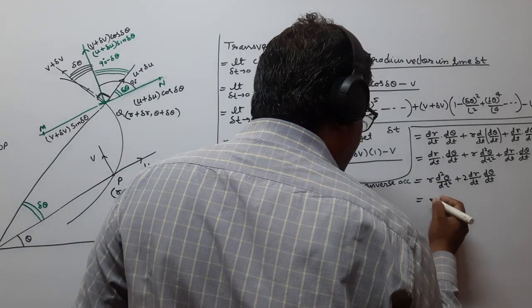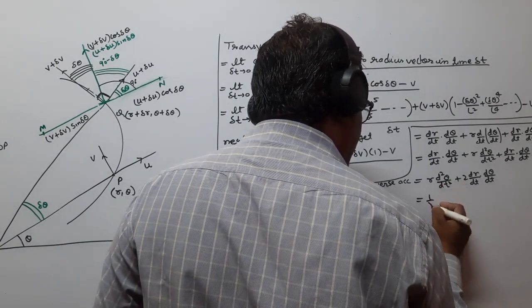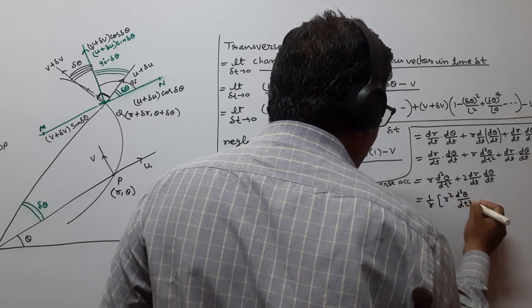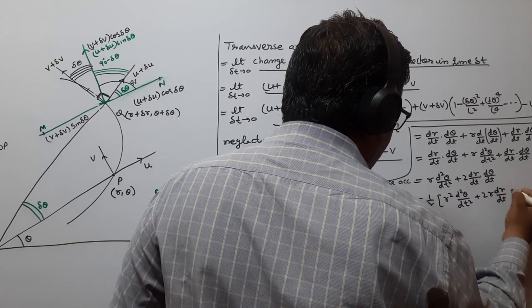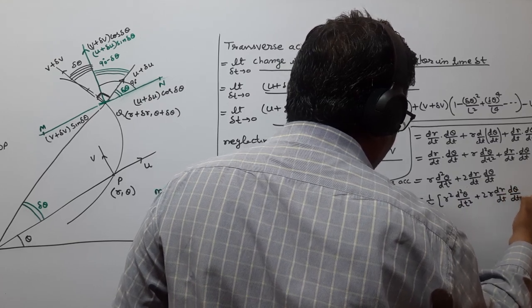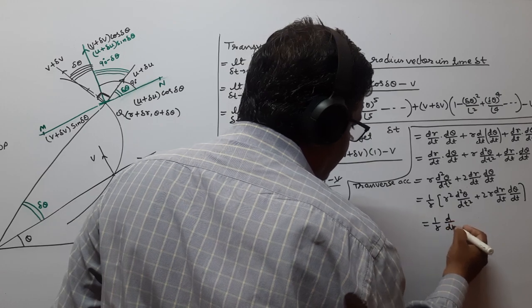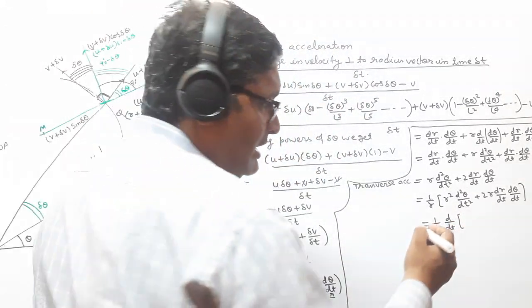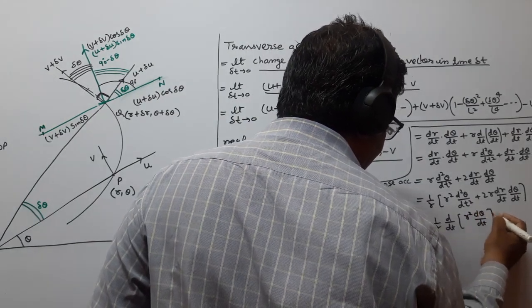Now we can see this formula can also be written as 1 upon r times r square d2 theta by dt2 plus 2r dr by dt multiplied by d theta by dt. So this is 1 upon r and d by dt of r square d theta upon dt.